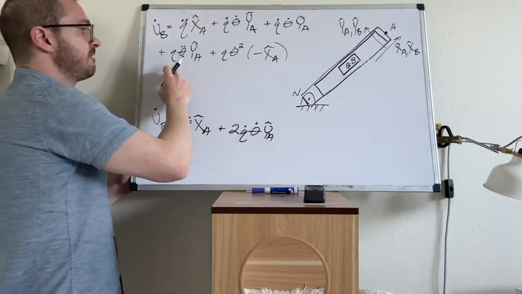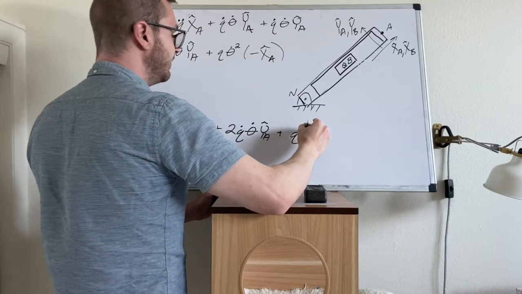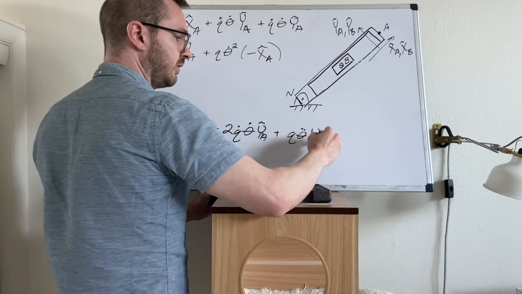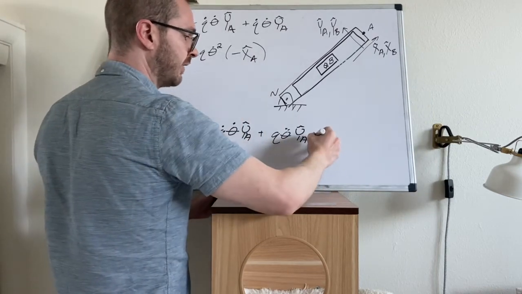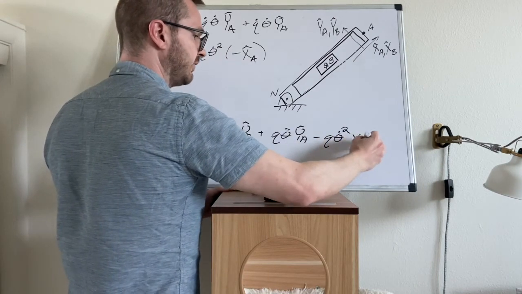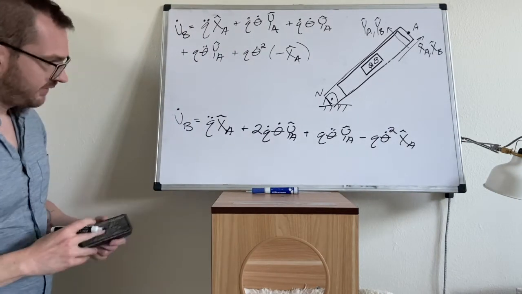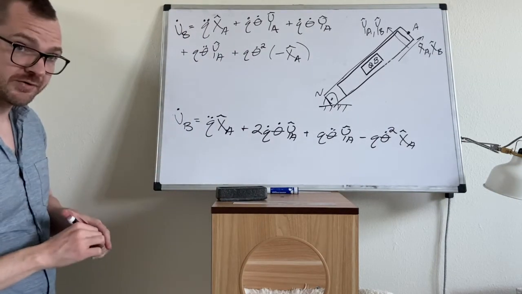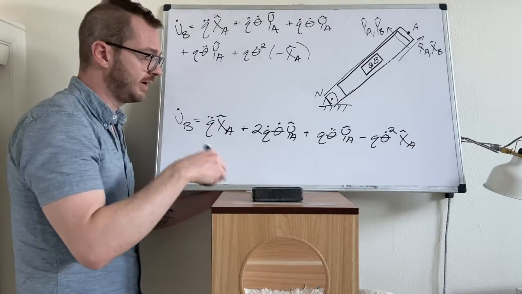I'm going to bring down the Q theta double dot YA. And then we're going to bring this one down. I'm going to move the negative in front, so minus Q theta dot squared XA. And there we are. So that is the linear acceleration of a point on a body that is both translating and rotating.